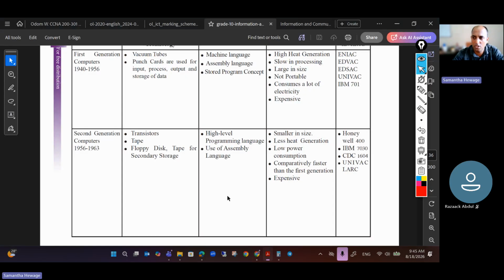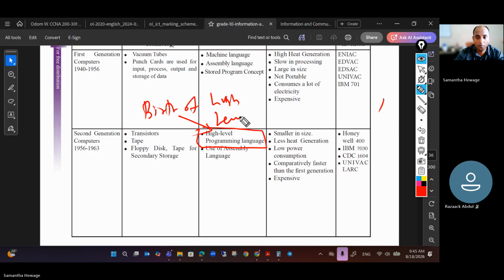Now, what are the other features of the second generation? Birth of the high level programming language, starting from the second generation. This is a very key point you have to remember. Birth of high level programming languages.